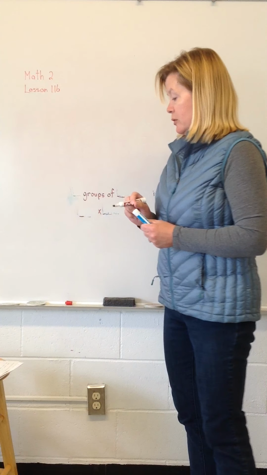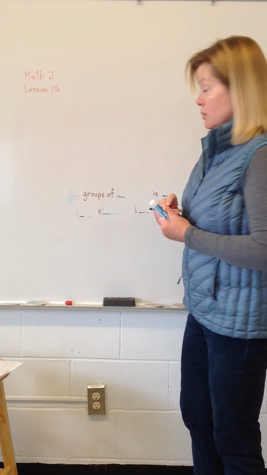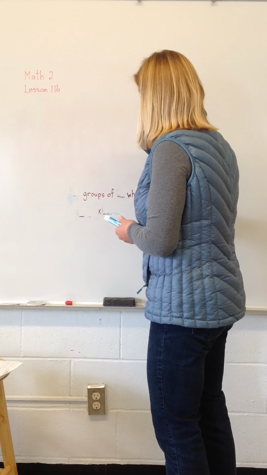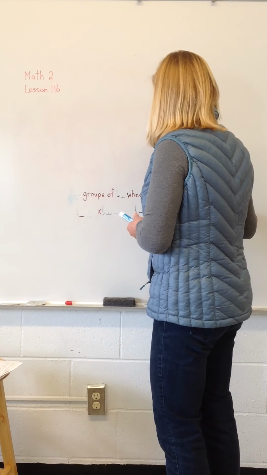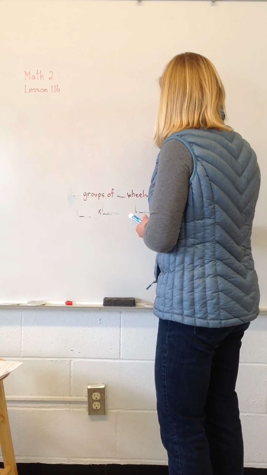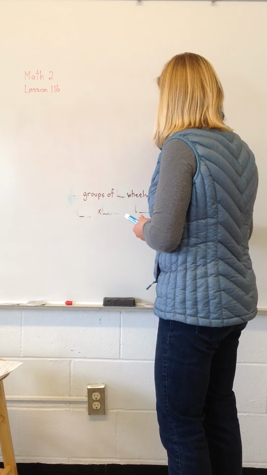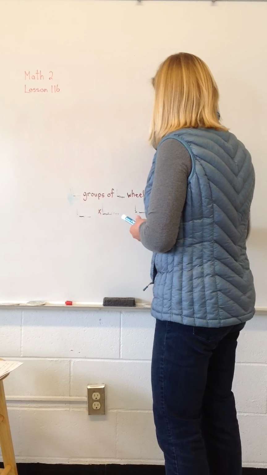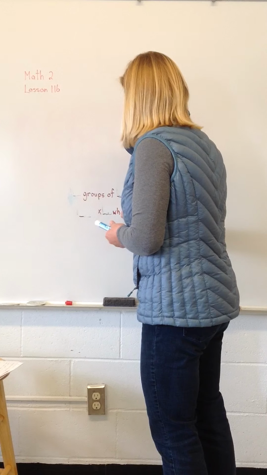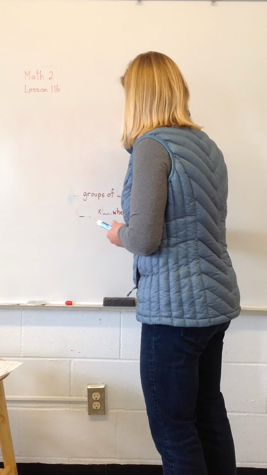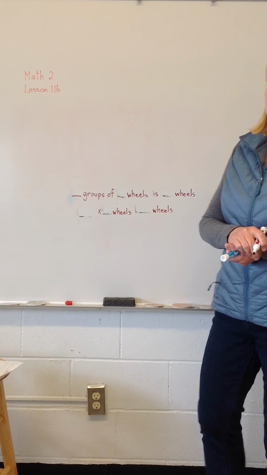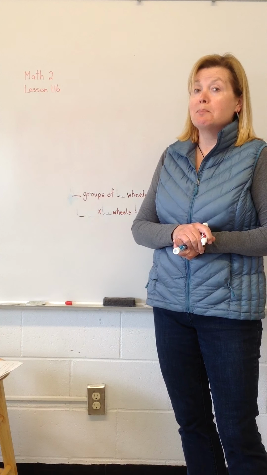Hey, you can see for box 4 that your label is wheels again, so I'll get that written in so that I'm right where you are. Okay, this time we are going to use bicycles.